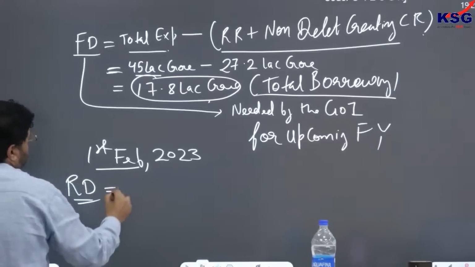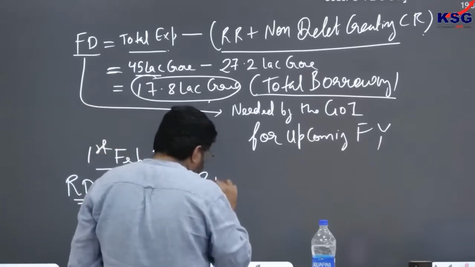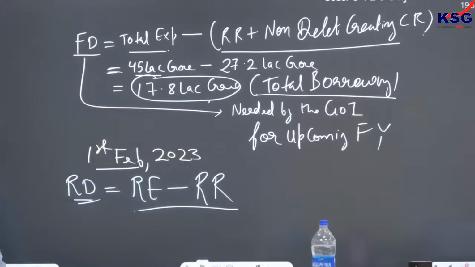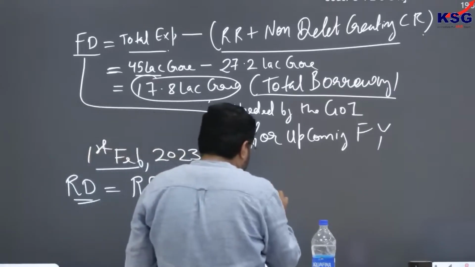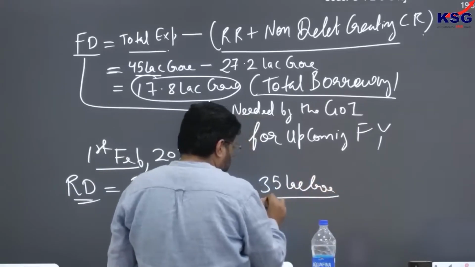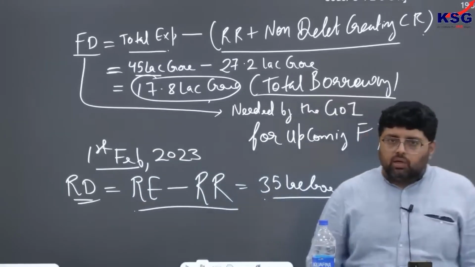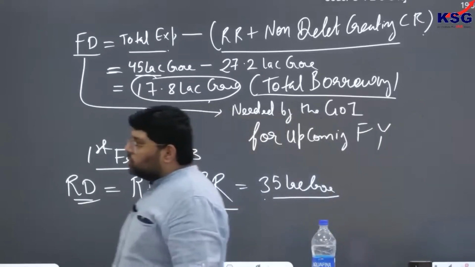Revenue deficit is revenue expenditure minus revenue receipts. Now if you see, my total revenue expenditure is 35 lakh crores.